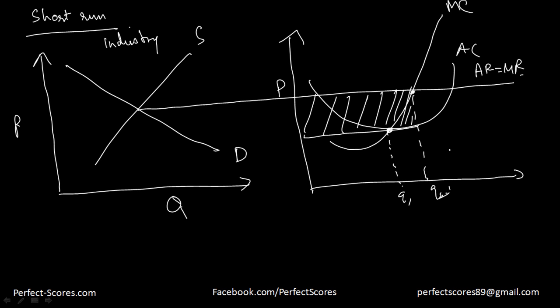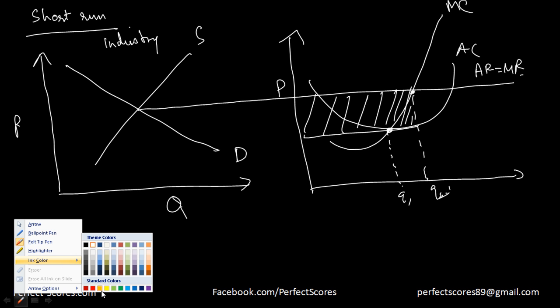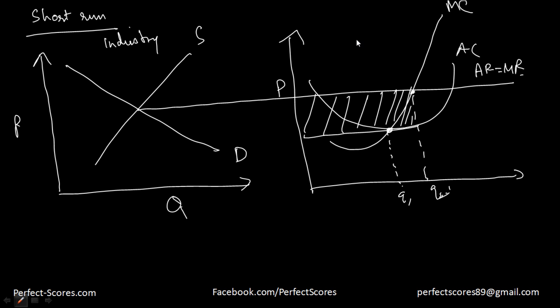Now if I were to talk about losses, I'll actually draw it in here itself. So if I were to talk about losses, then what happens? The average cost goes above the marginal revenue. So let's suppose this is my average cost curve, right? In that case, this over here would be your productive efficiency, and where marginal cost equals the marginal revenue, average revenue, this will still be the allocative efficiency.